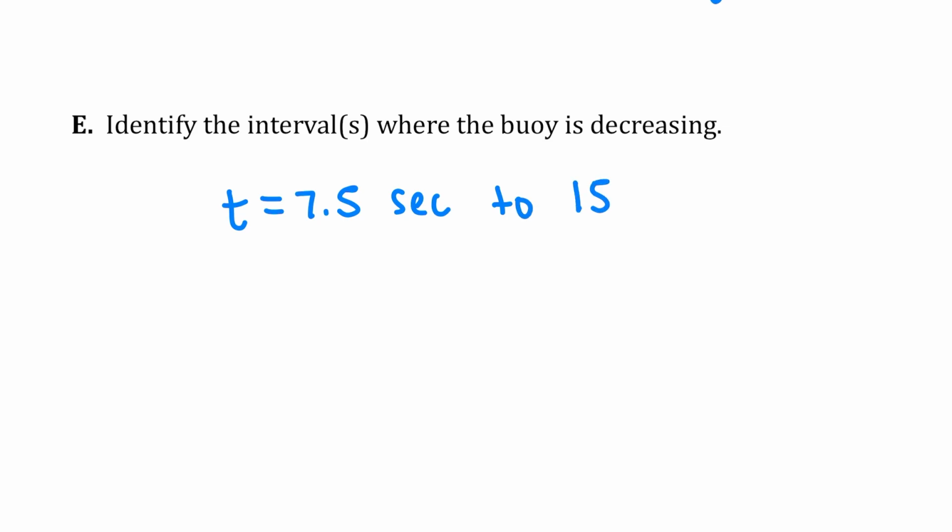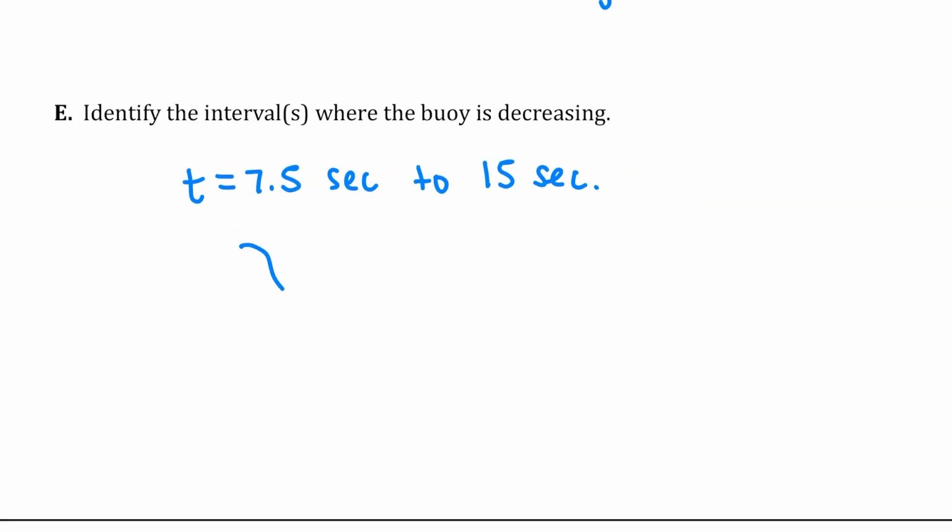But then also because these are waves and we're just going to assume that they're indefinite, it's also going to occur every 15 seconds afterwards. So every time there's a decrease, we're going to have our little increase that's happening, and then we're going to have our decrease again, and this is going to happen every 15 seconds just because of the period. Because one period is 15 seconds.